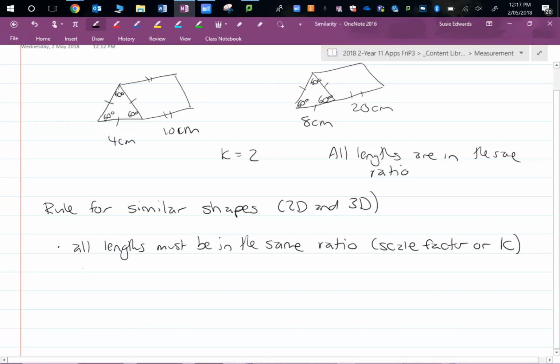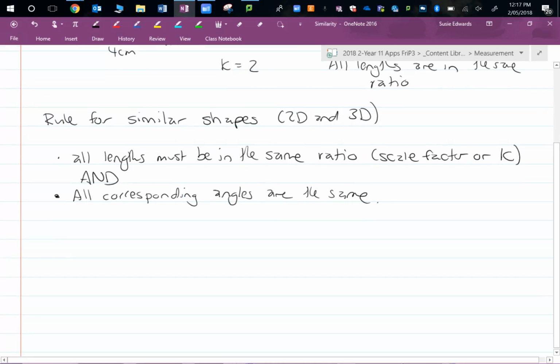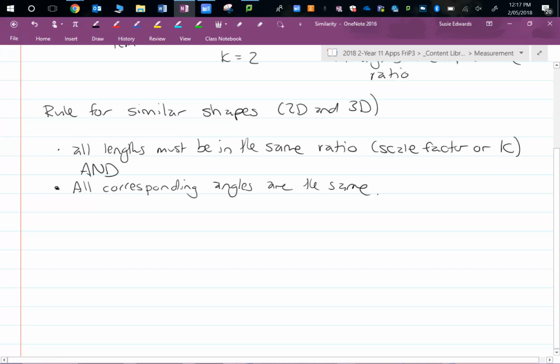And it can't be just one, it has to be both of these rules. And what do you think is the rule about angles? Good. All corresponding angles are the same. Bryce, you okay? Can you write it down, please?